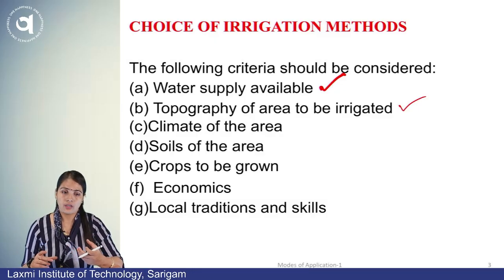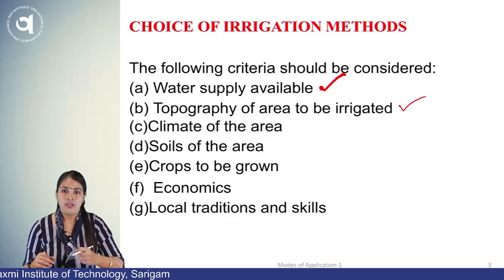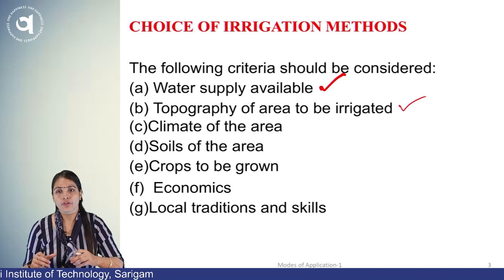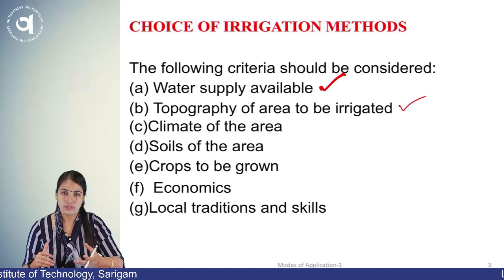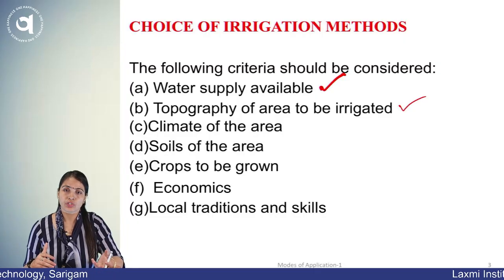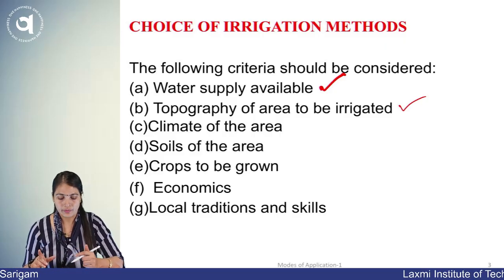The water will not get infiltrated to the subsurface. So where the topography is steep, mountainous or hilly, we must go for the sprinkler type of irrigation. Okay.